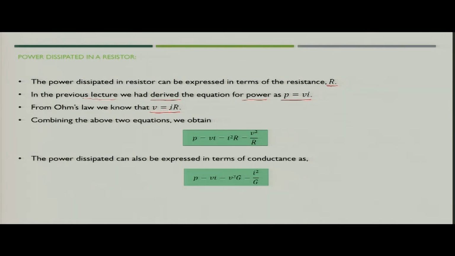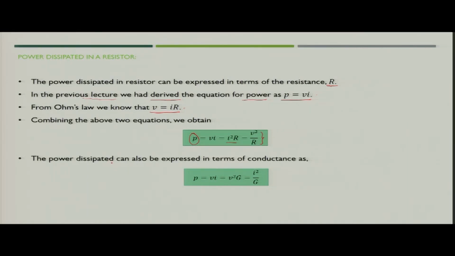We got V is nothing but I into R. So, if you combine these two, you will get the value of power P is nothing but V into I, or you can write as I square R, or alternatively you can write V square by R.